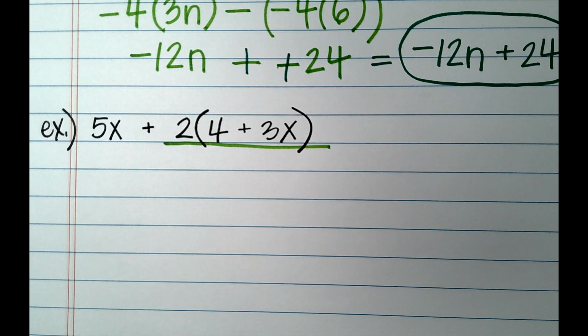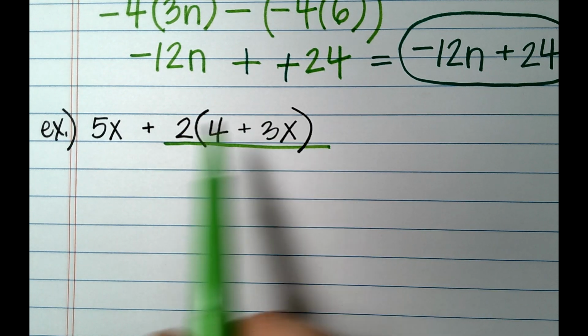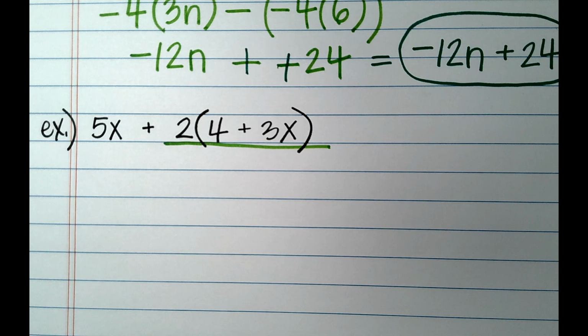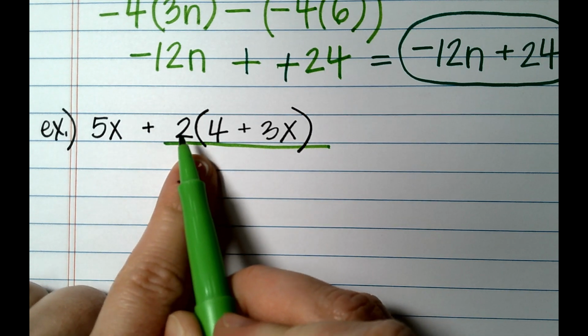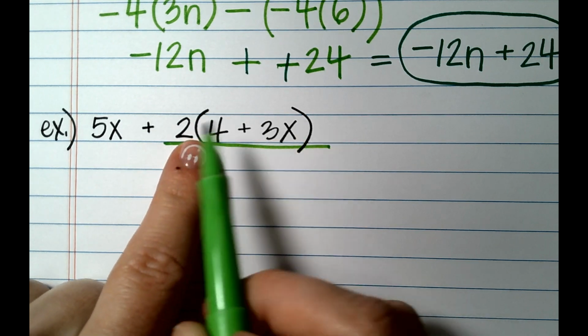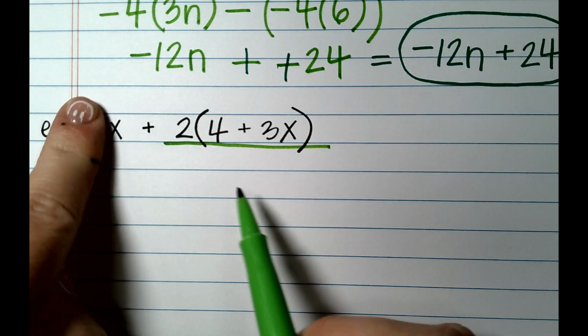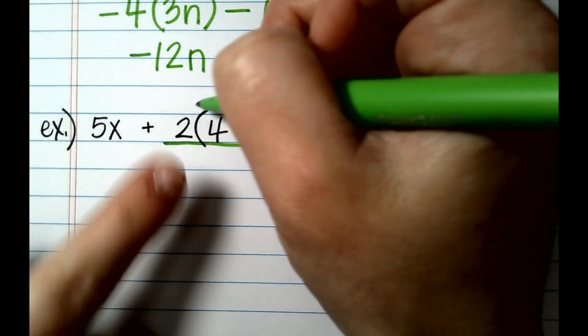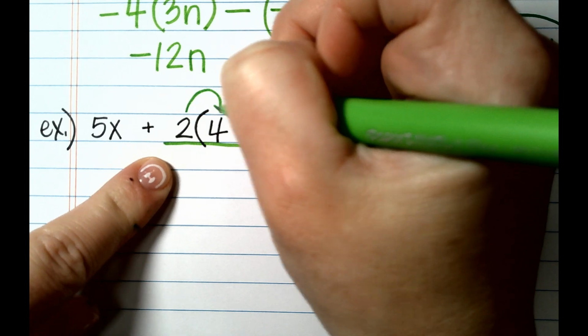So if we're looking at the order of operations, technically this is multiplication, and multiplication comes before addition. So we're going to start with that distribution problem, and we'll deal with the 5x later. So just like you said, Jacqueline, we're going to start with 2 times 4.